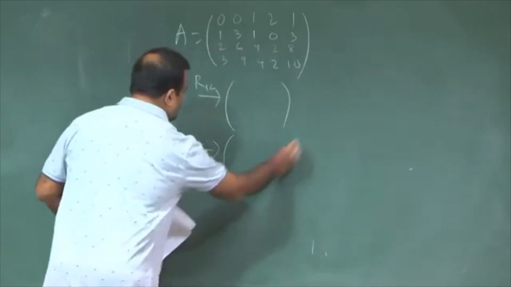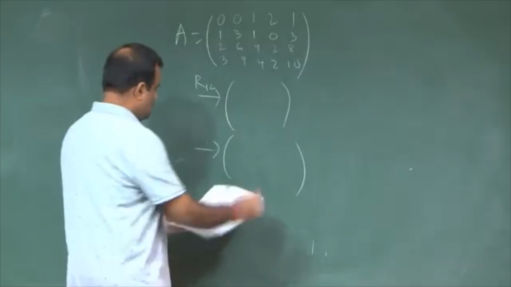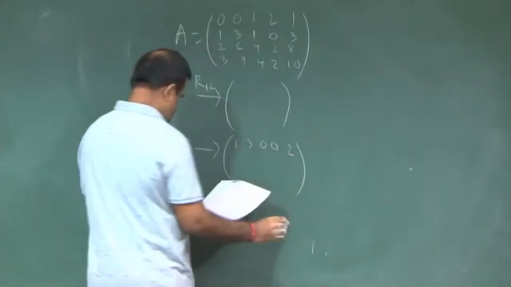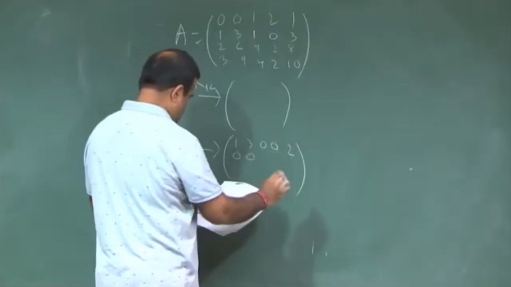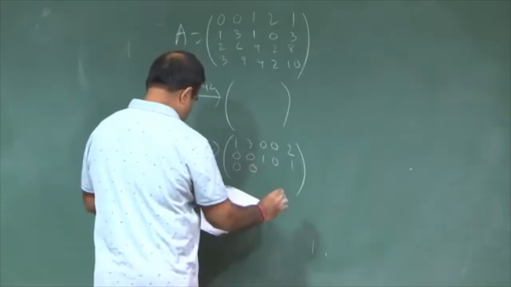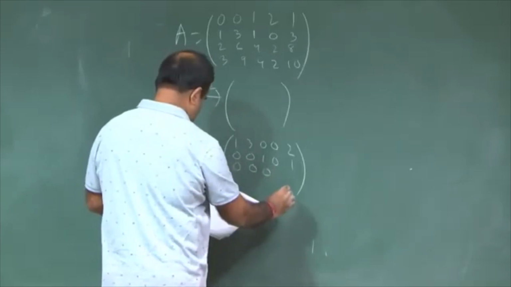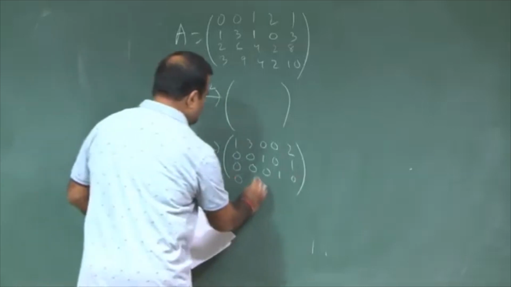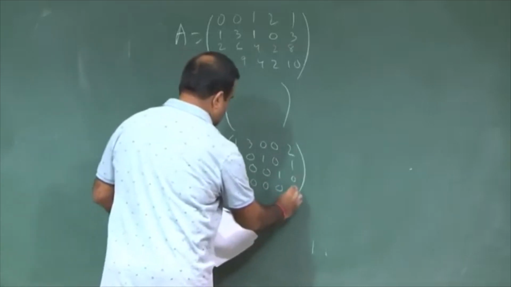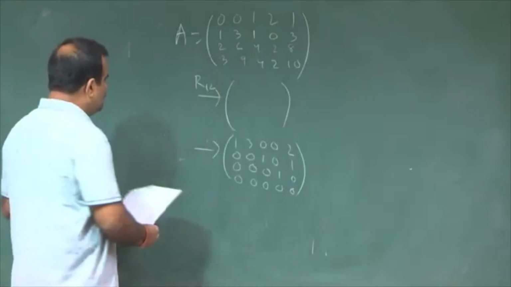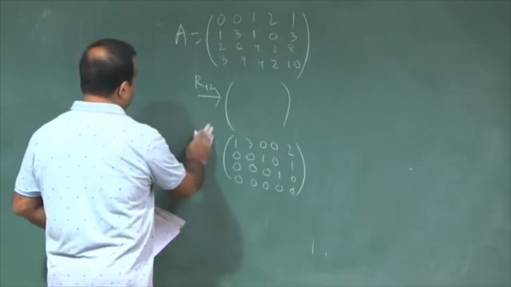So, only doing row operations we can reach this level: 1 3 0 0 2, 0 0 1 0 1, 0 0 0 1 0, 0 0 0 0 0. Okay. This is the row reduced echelon form, and we are getting this only by row operations.